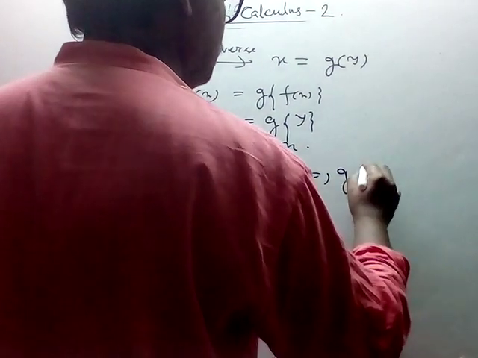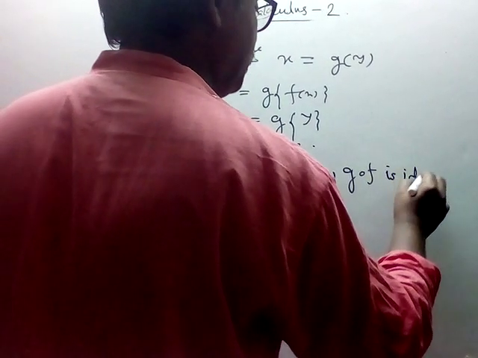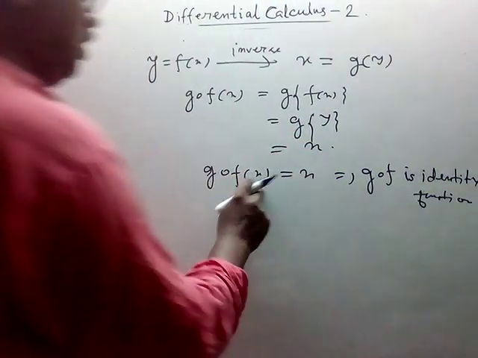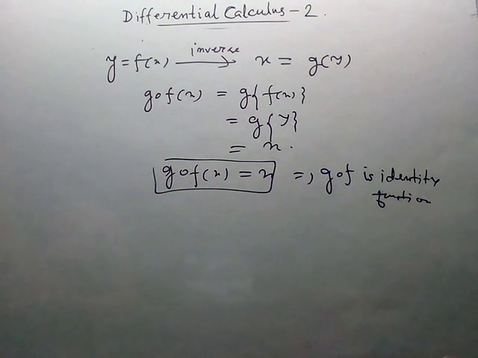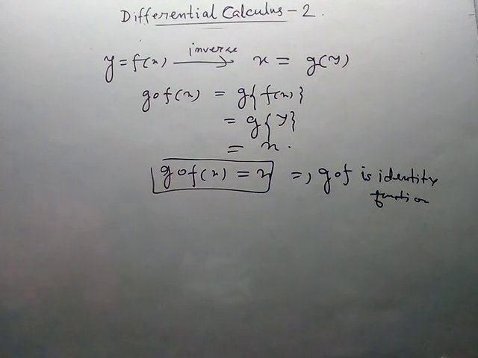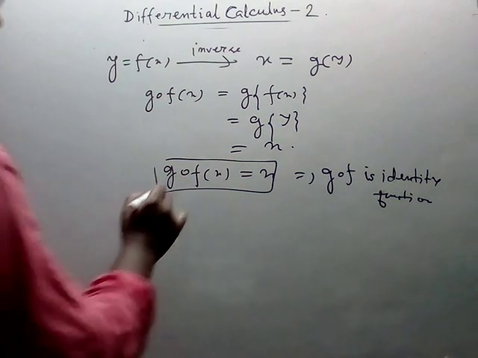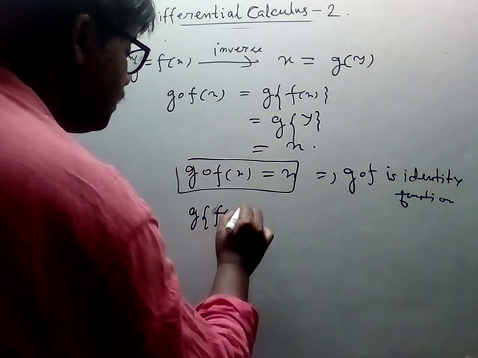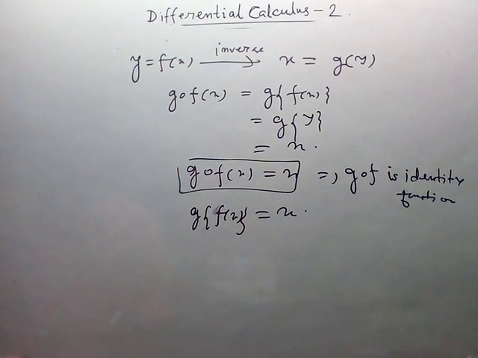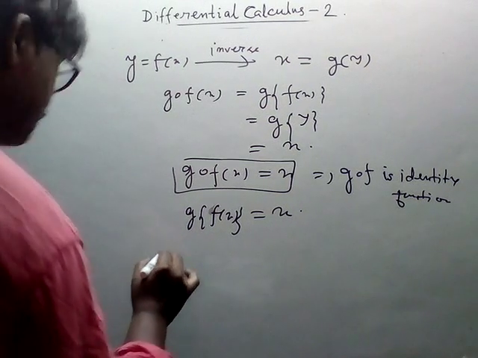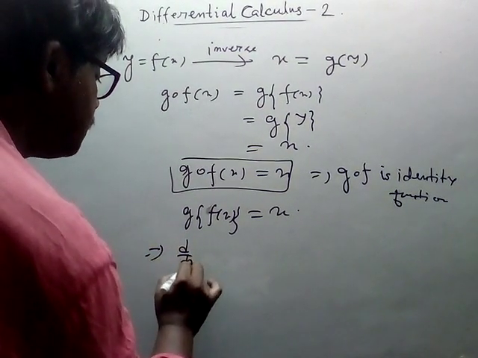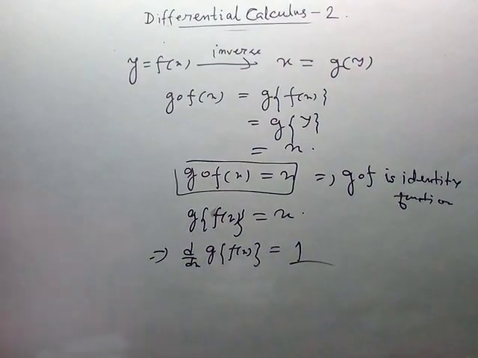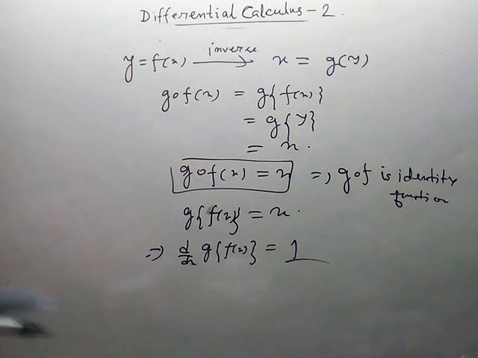This implies g composition f is the identity function, because g composition f of x equals x. Thus, as you already know, g of f(x) equals x. Then differentiating with respect to x, d/dx of g of f(x) equals the derivative of x, which is 1.